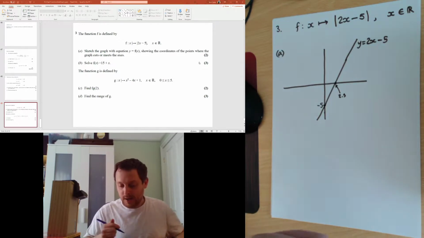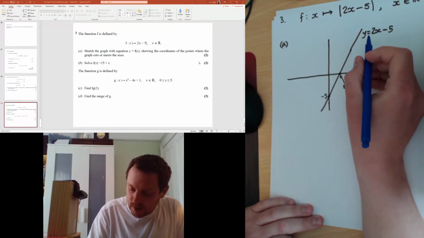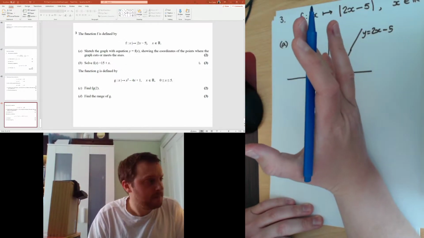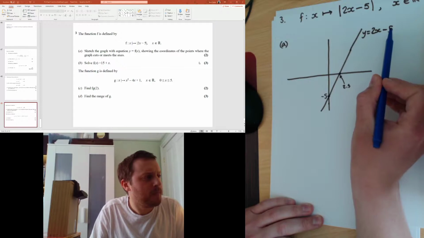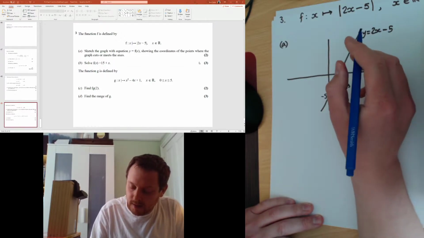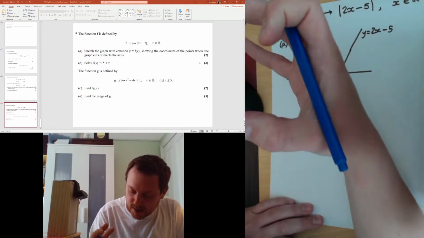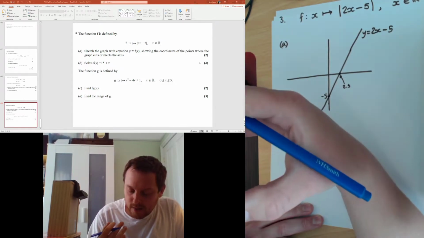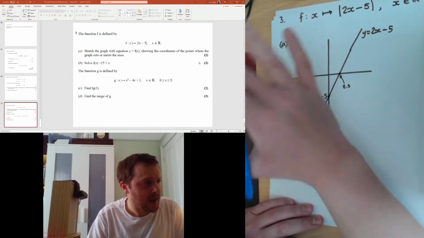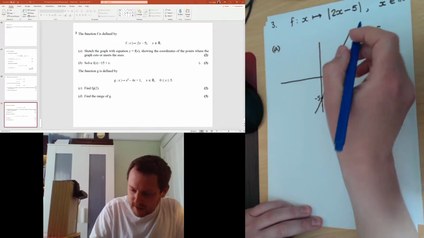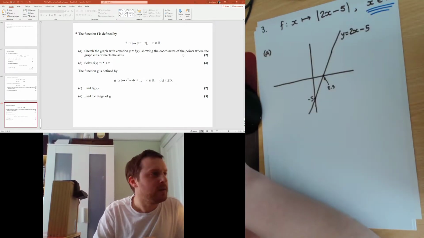What the question actually wants is the modulus of y, right? The modulus of 2x minus 5. So you're asking whenever this is negative, y being negative, not x. X can be anything you want. And I mean, it even said, look, x can be anything you want.